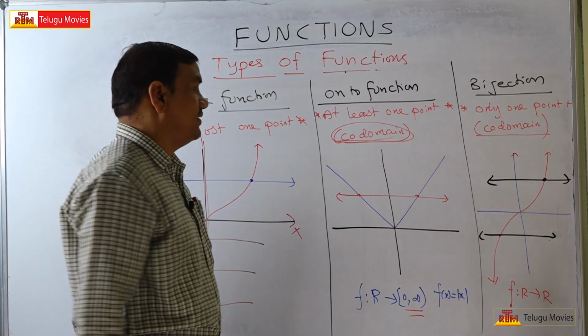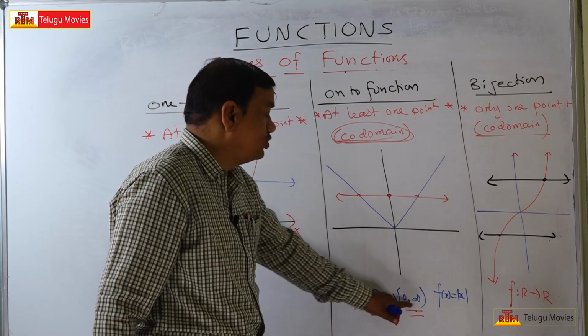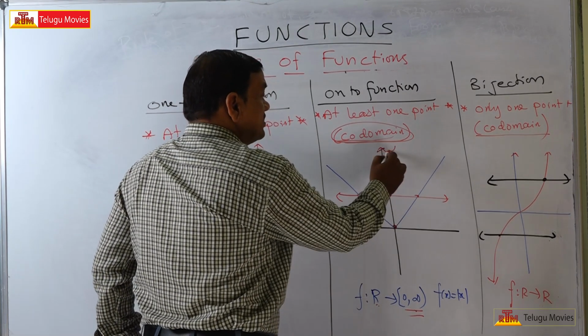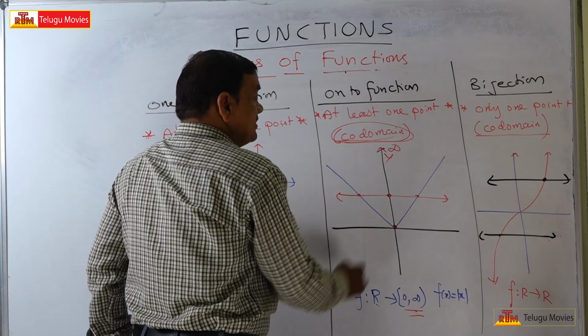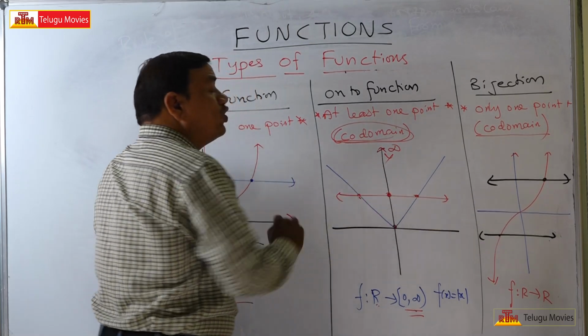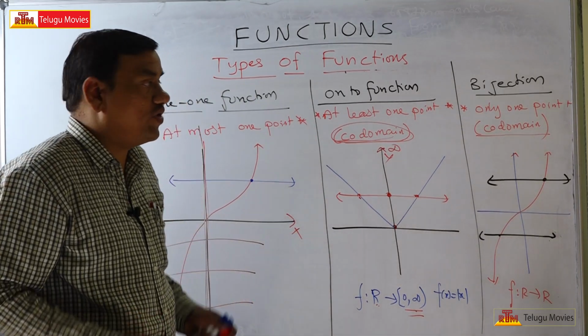Here I have taken the function from R to 0 to infinity. Here codomain is 0 to plus infinity, that is the y-axis. I have taken 1 point and drawn a horizontal line. It intersects the graph at 2 points, but the condition is at least 1 point. Yes, it is also an onto function.